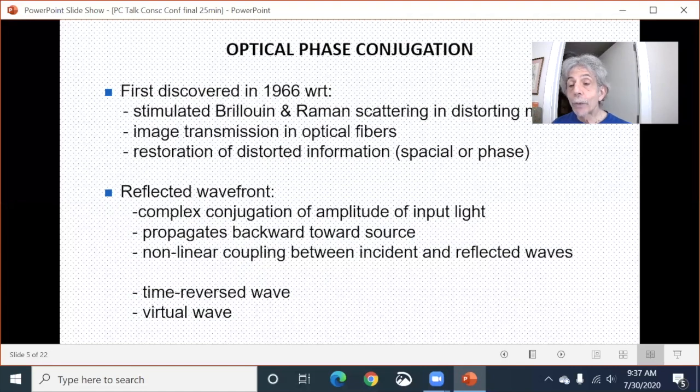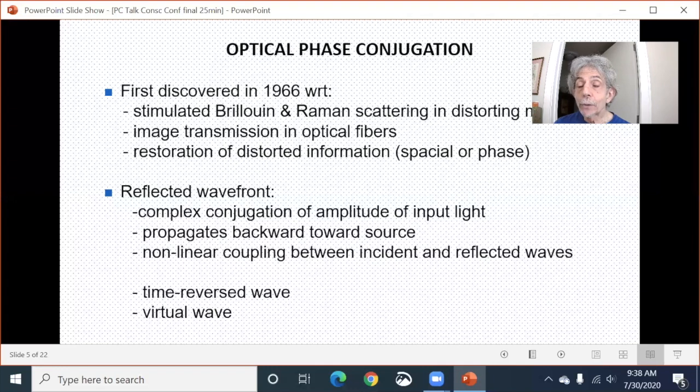It was first described in 1966, as Brillouin or Raman scattering, and it was used at the time to transmit images along optical fibers. As a result, they discovered that the original image, or the original input light beam, which became distorted when it went through a nonlinear medium, was restored spatially and in terms of phase information.